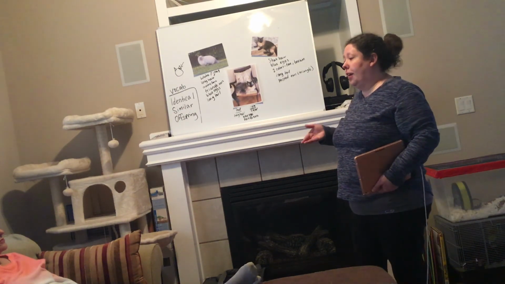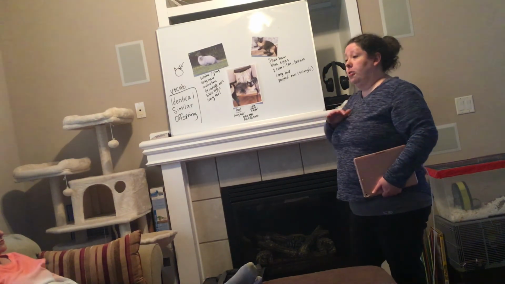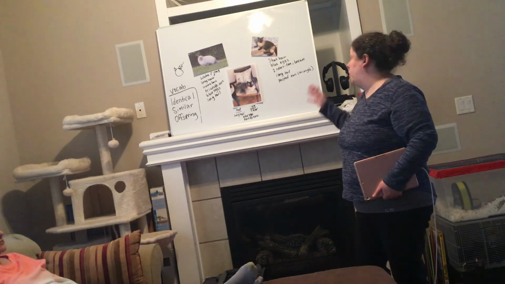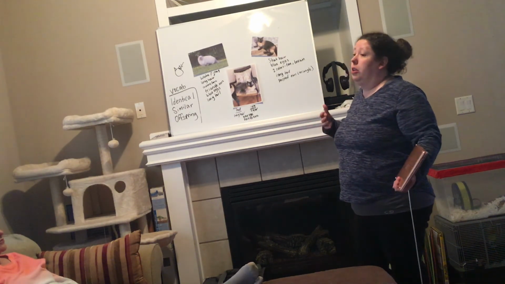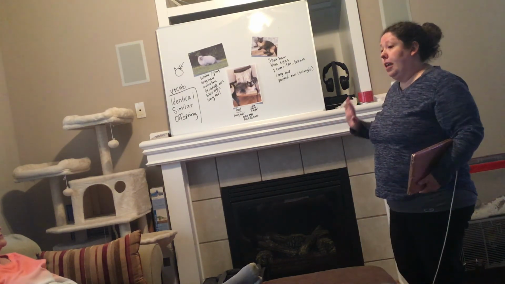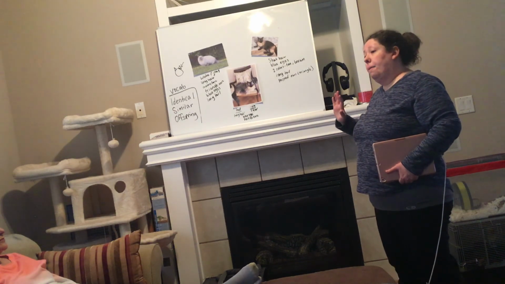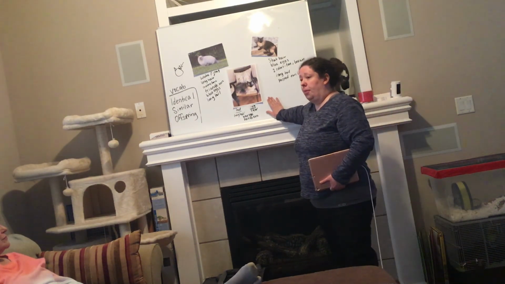So you are going to create your own parent-offspring photos. You can use any animals you want. You can use cats, dogs, horses, pigs, whatever your heart's desire. But I'm going to ask that you show me that you understand how the offspring are similar, right?